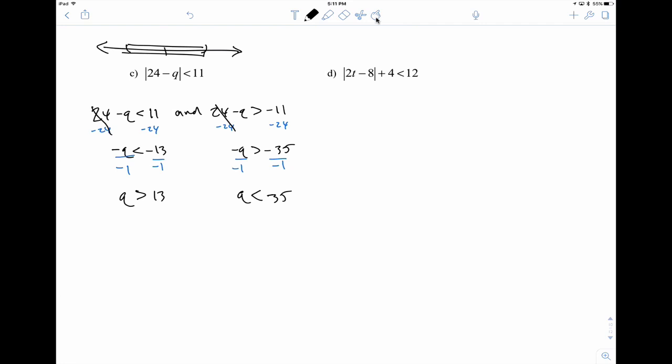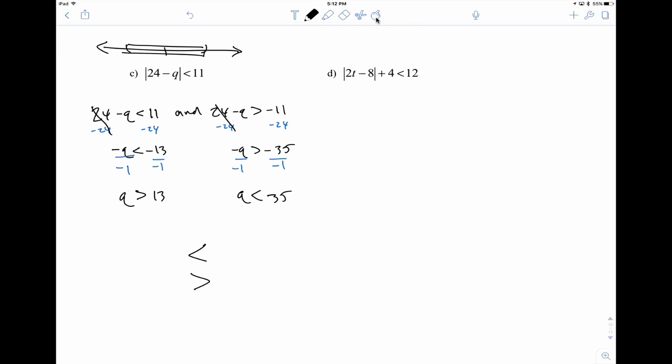Why? The why is a little bit hard to explain, but the best way to look at it is this. Negative and positive are just directions on a number line, one way or the other. And the same thing with less than or greater than, we're basically talking about a direction.